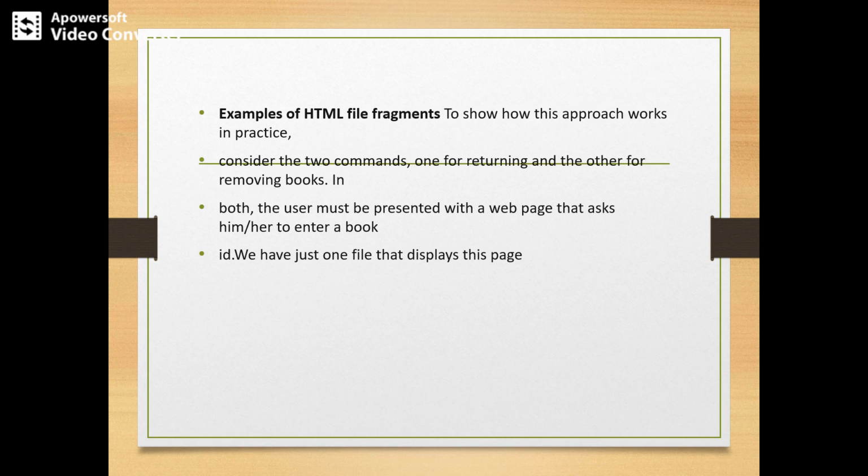In the case of add member, we replace the command with replace js. So that could be taken in the respective manner. So this is an example of how we resolve the HTML file fragment.